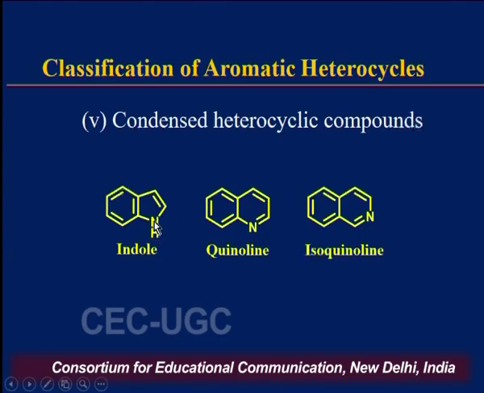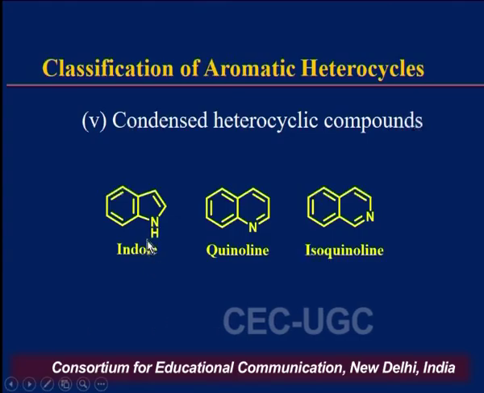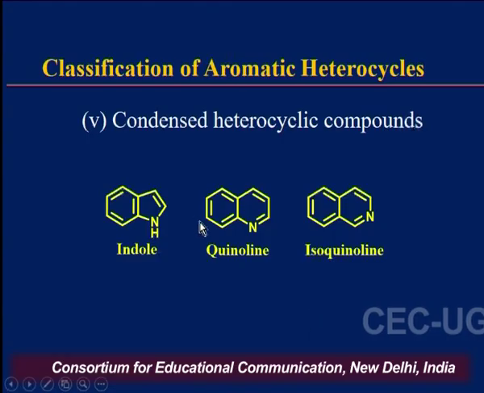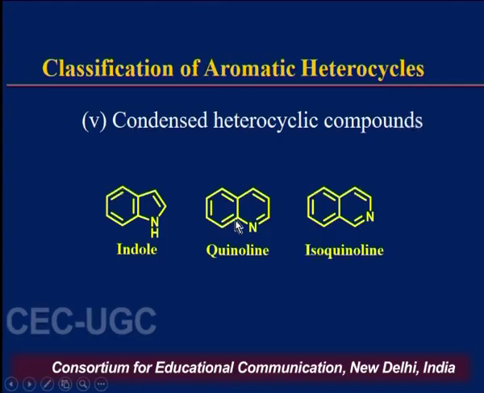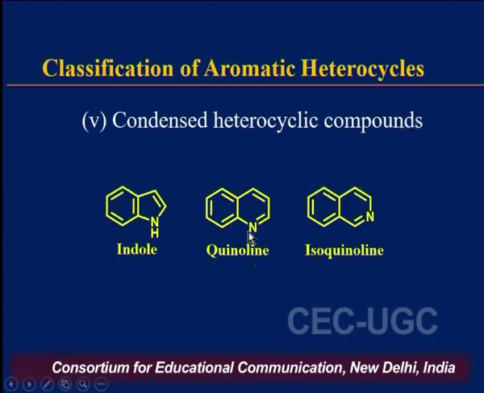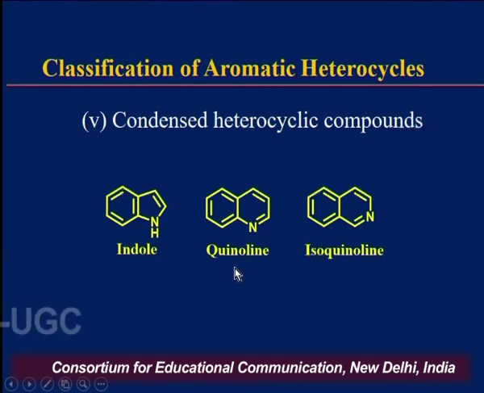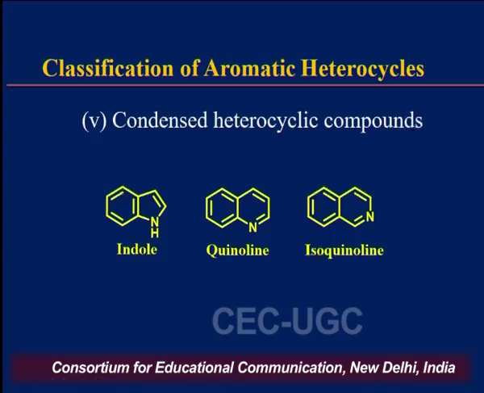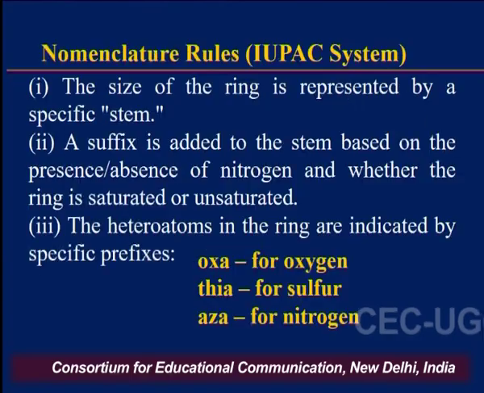So this comes under the category of fused heterocyclic compounds. In the case of quinoline, there are 2 rings fused, one is benzene and the other is pyridine, and this also comes under the category of fused heterocyclic compounds. So in this way we can classify aromatic heterocyclic compounds into 5 categories.